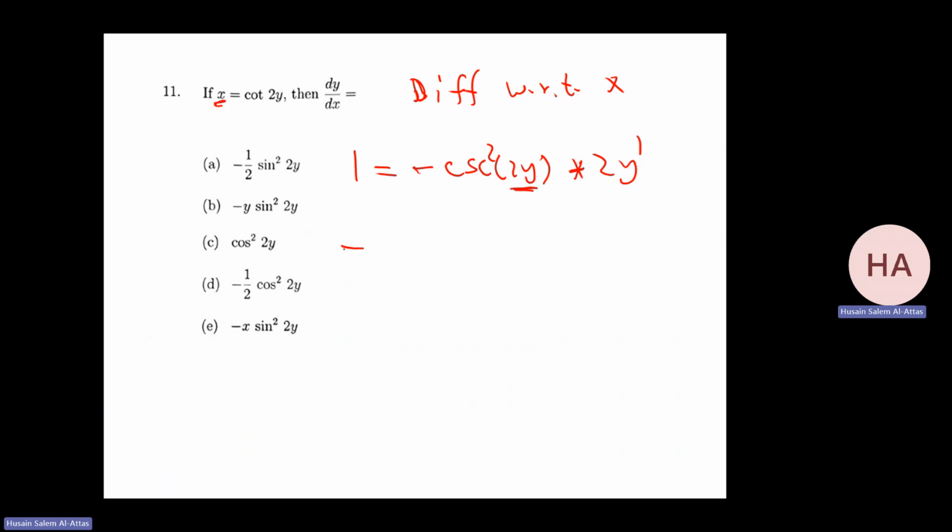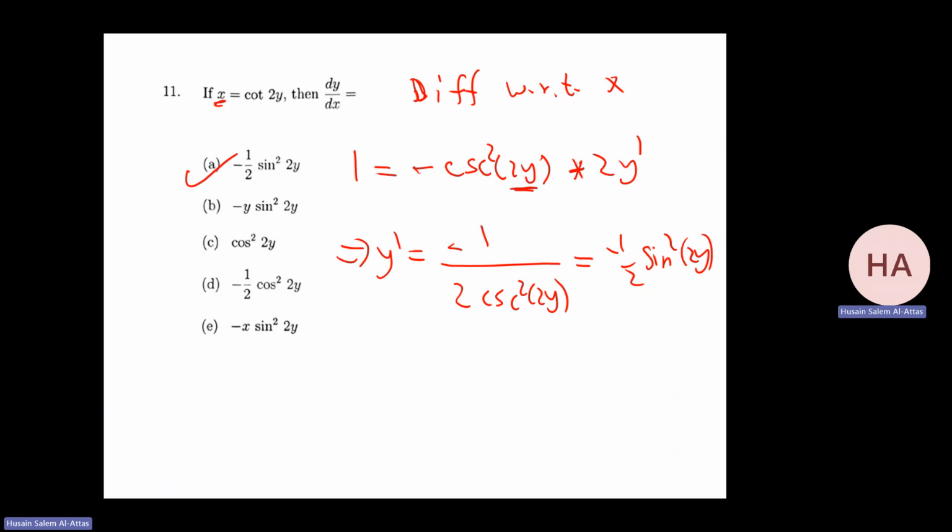I'm looking for y prime. That means y prime will be minus 1 over 2 cosecant squared 2y. 1 over cosecant squared will be sine squared 2y, which is this answer.